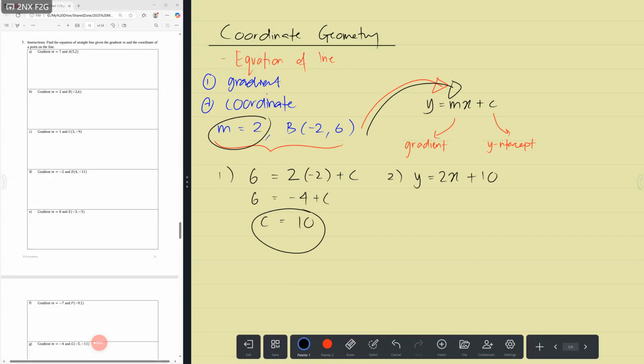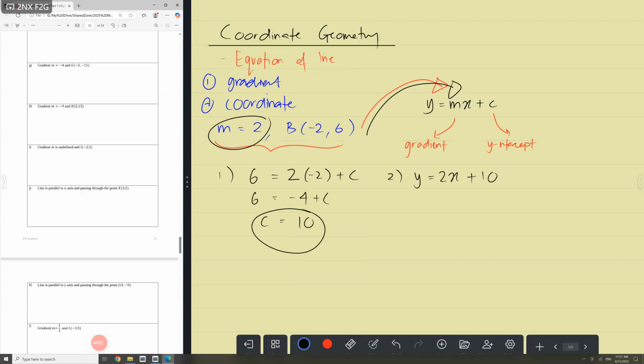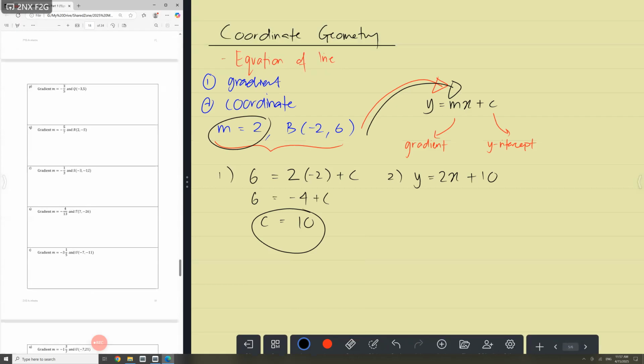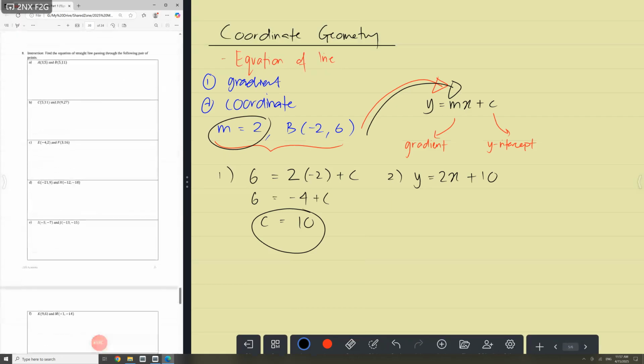Some situations will ask you to find the equation of a straight line when only 2 points are given. In this case, question number 8, you're given the points A and B, and you need to find the equation of the line. If you realize, you have no gradient, but you have 2 coordinates.